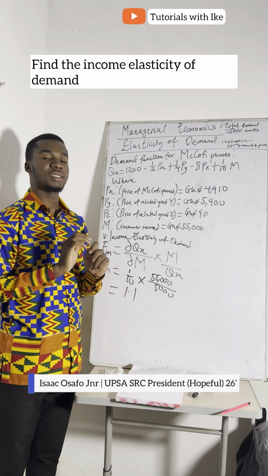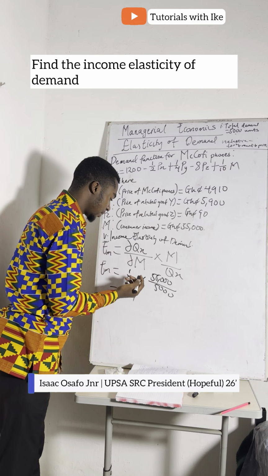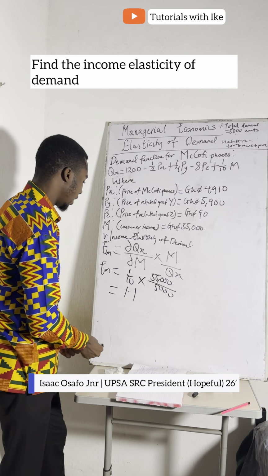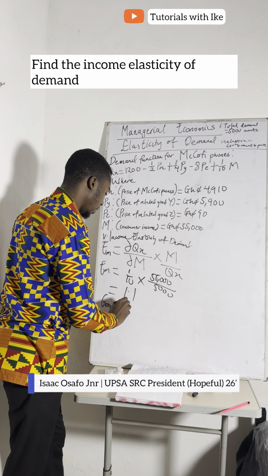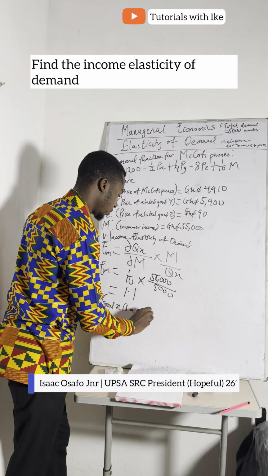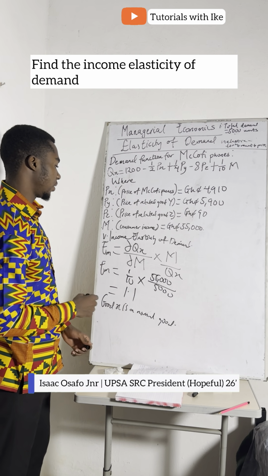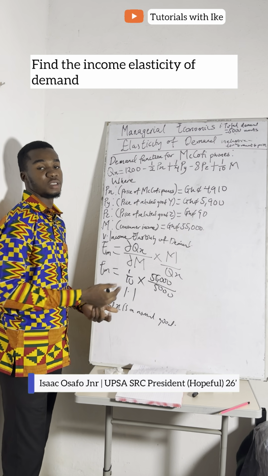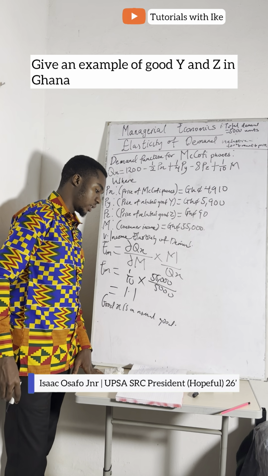However, if your answer is negative, it means that your good is an inferior good. So this one, our answer is positive. It means that our good, which is good X, is a normal good. If you had got any negative answer, then that would mean our good is an inferior good.